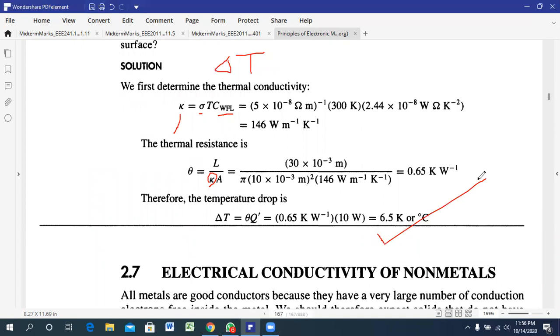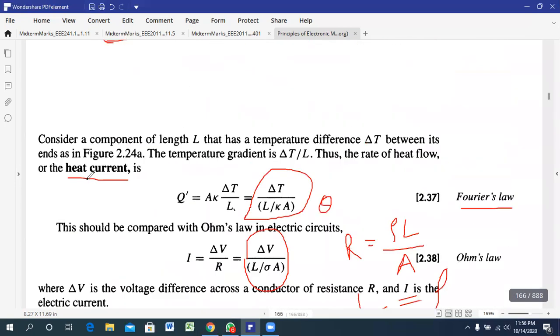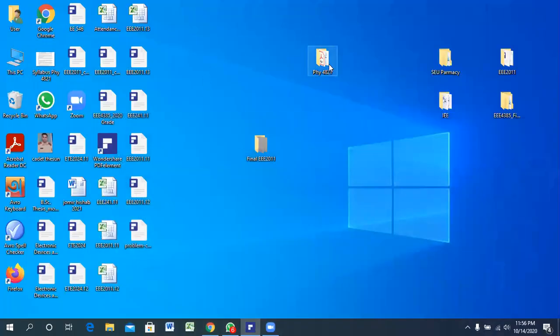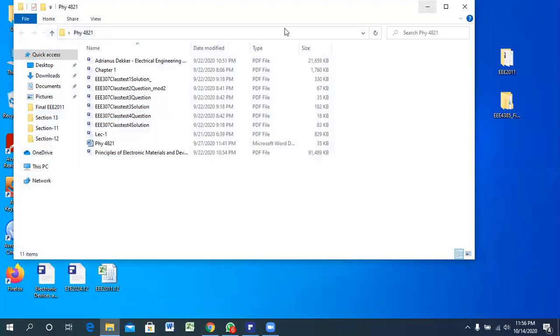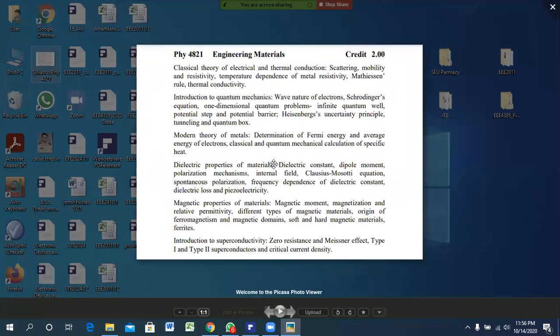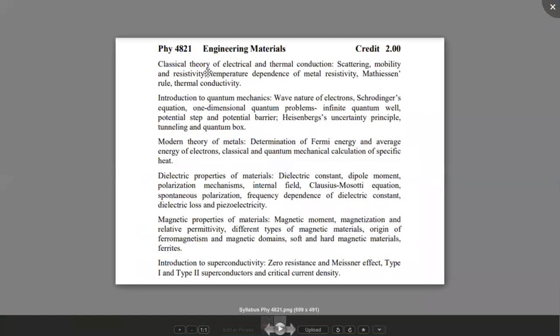So up to this one is your third lecture, the thermal conductivity. This will be the end of our first topic. Our syllabus includes the classical theory of electrical and thermal conduction.